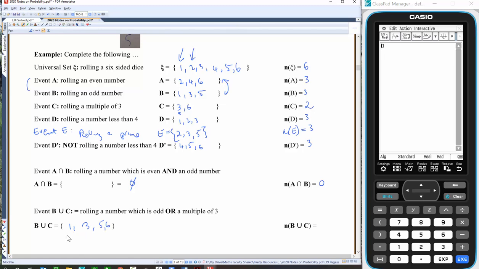Rolling a number which is odd, so that's odd, not a multiple of 3, but it's cool because it's one or the other. 3 is odd and it's a multiple of 3, so we include it. 5 is odd, not a multiple of 3, that doesn't matter. And 6, which is not odd, it's even, but it's a multiple of 3, so it's cool, we include it. So we've got 4 elements.